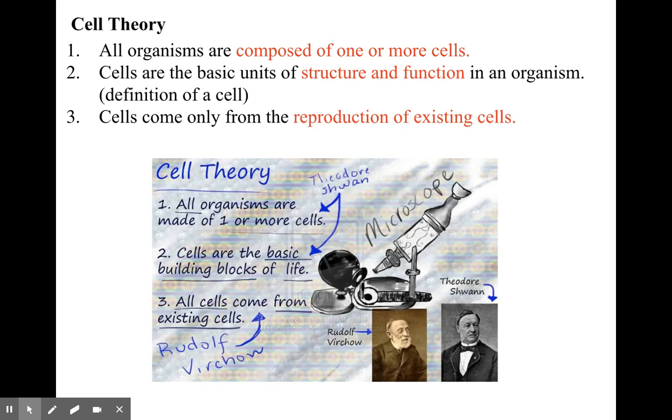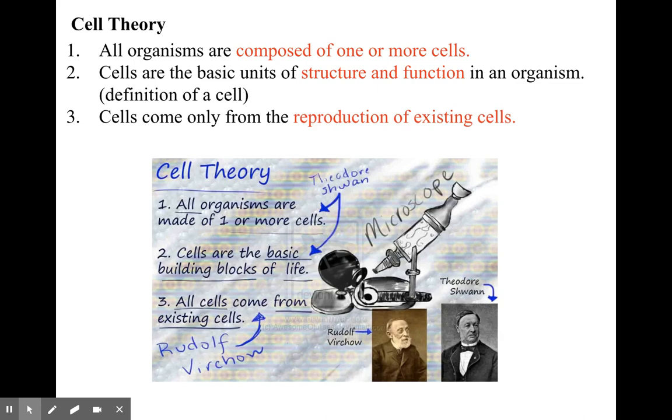In cell theory, number one, all organisms are composed of one or more cells. Number two, cells are the basic units of structure and function of an organism. So that's what a cell is, right? It's the basic unit. And three, cells come from only the reproduction of existing cells.